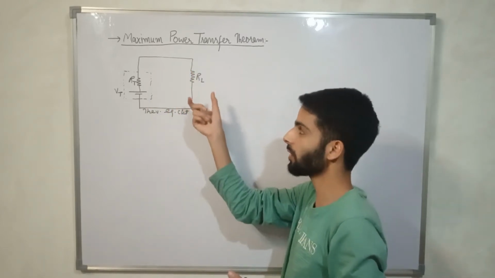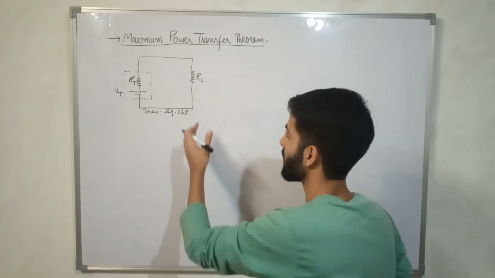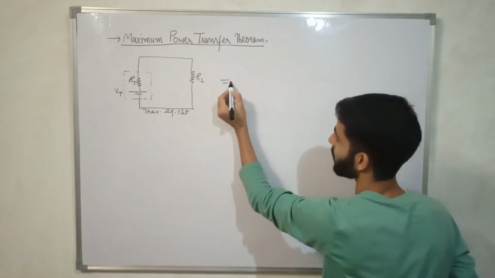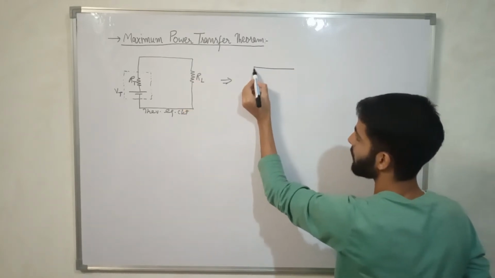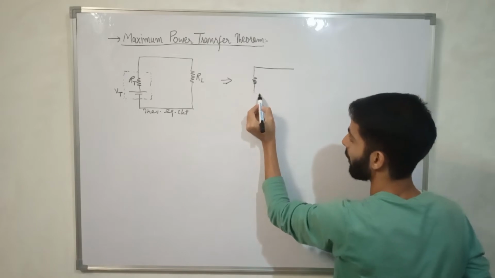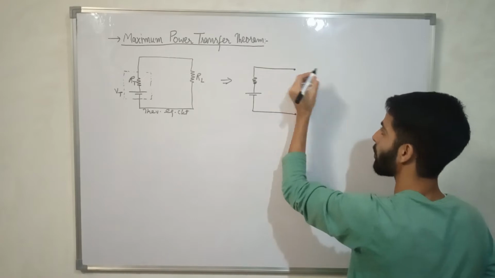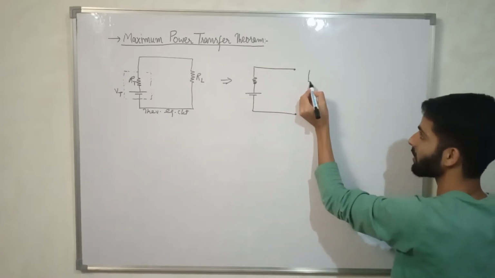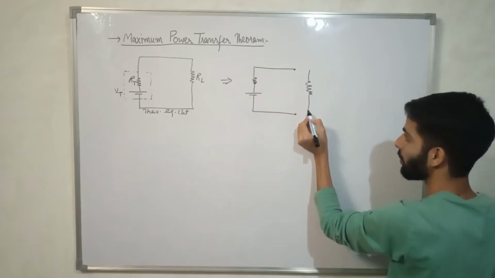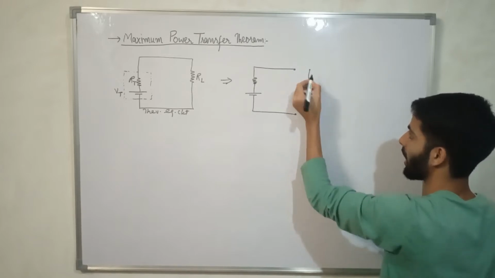If we open circuit this load, the ends are open, and here the load RL has been cut off from this circuit.